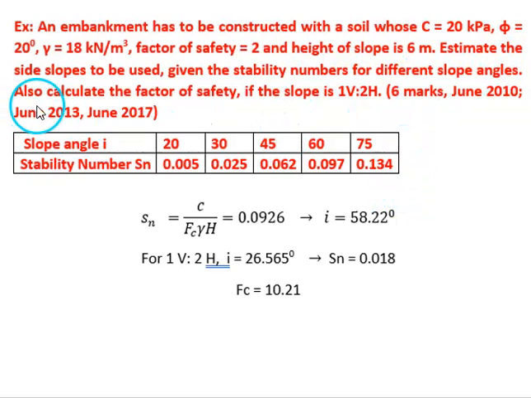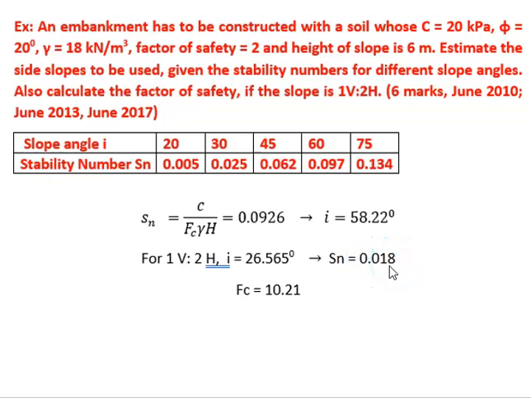And here it is also asked to calculate the factor of safety if the slope is 1 vertical to 2 horizontal. When the slope is 1 vertical to 2 horizontal, then i equal to 26.56 degrees, by taking tan inverse 1 by 2. Corresponding to this i value, we can find the stability number from the table, which is coming as 0.018.